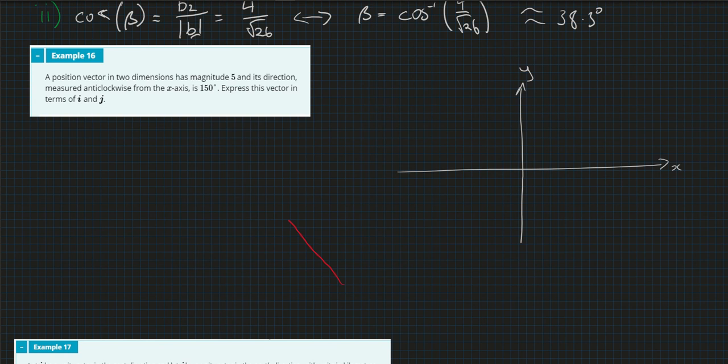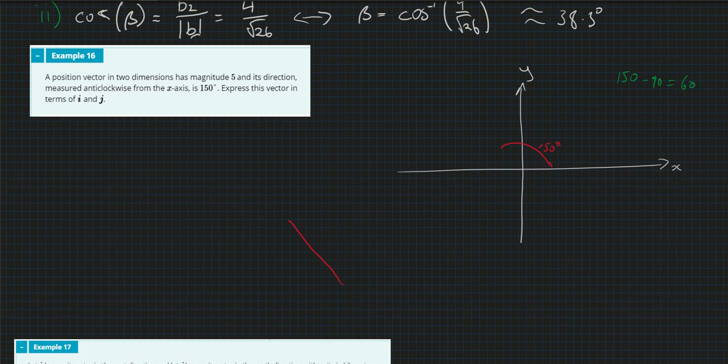It is going to be 150 degrees from the x-axis, which means that it will be 150 minus 90, because from the y-axis, equals 60 degrees.